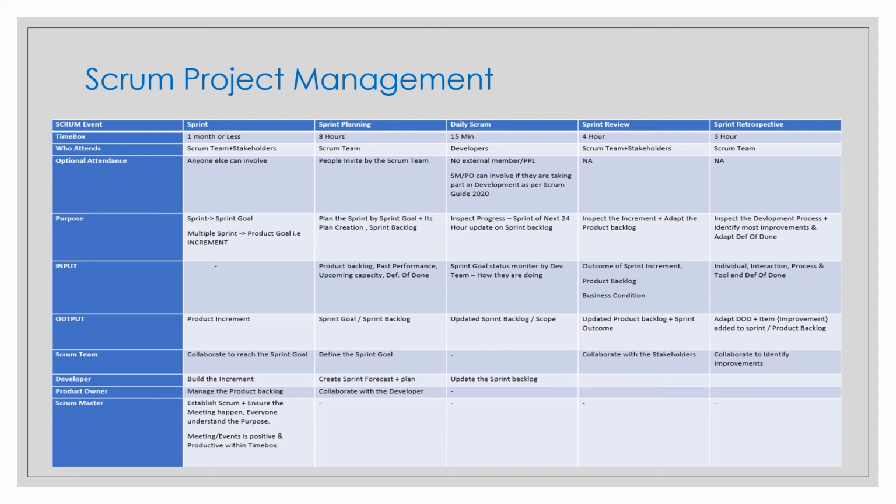This is also one of the changes between the 2017 and 2020 Scrum Guides. In 2017, a minimum of one improvement used to be taken, but in 2020, the most important improvements are identified and will be considered here. So if the team wants to improve the definition of done in the retrospective, they discuss and adapt it.